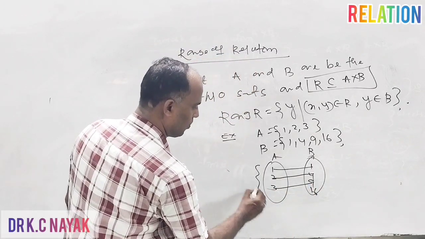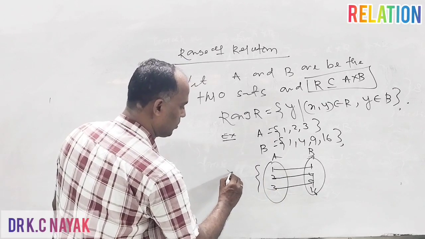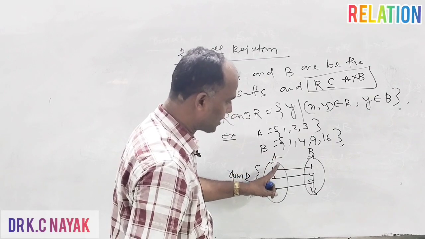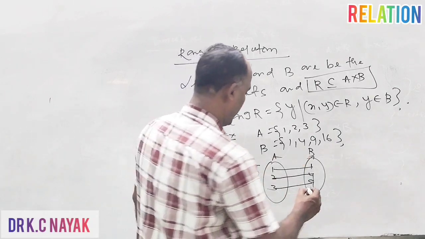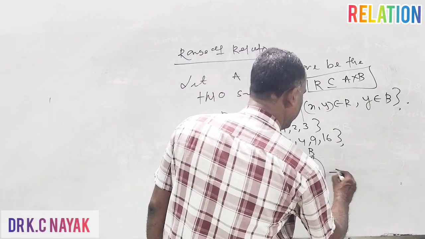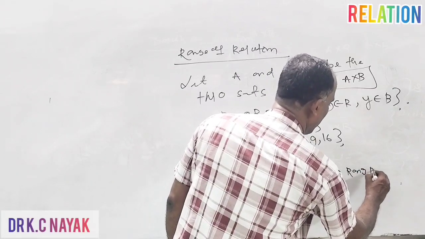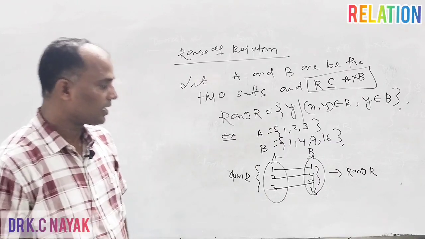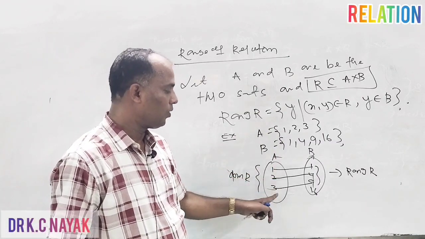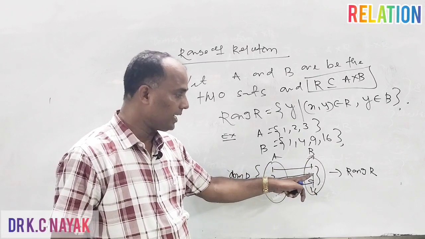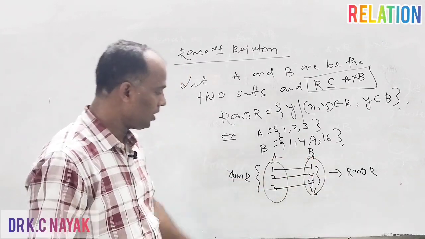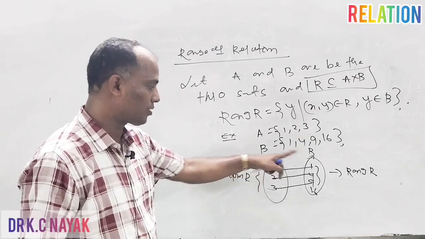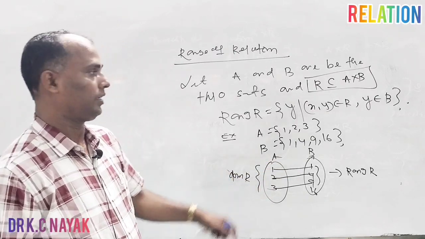That means 1, 2, 3 is the domain of the relation, and 1, 4, 9 is known as the range of the relation. The elements of set B that are associated with set A are the range, and the first elements from set A are the domain.